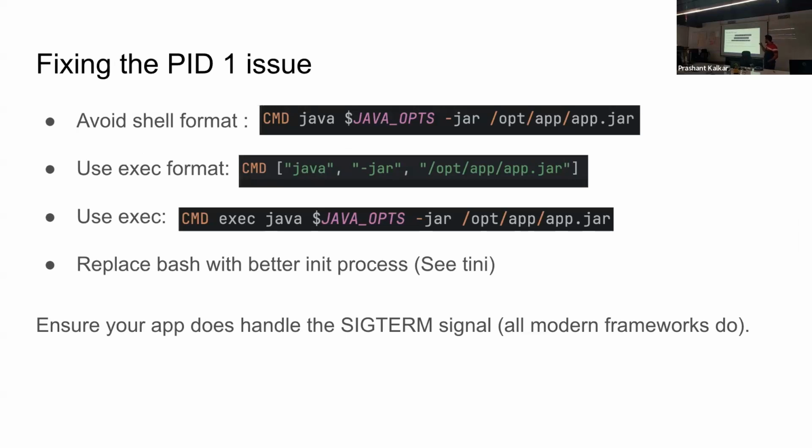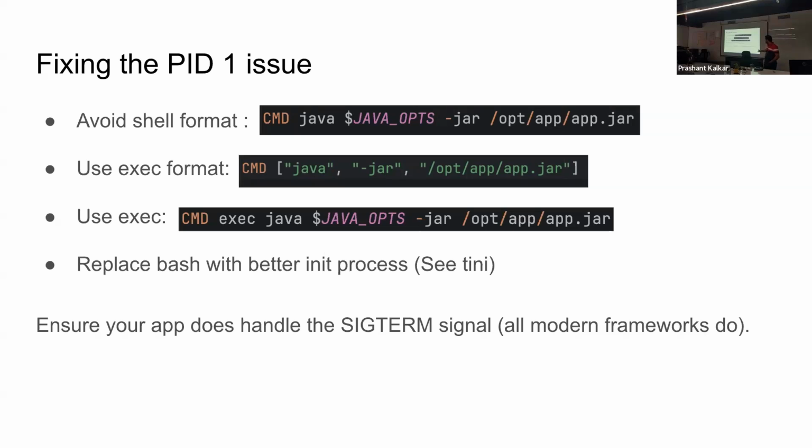So if you use this CMD in your Dockerfile, you can see that there are two separate formats. One is where I'm just writing it as a normal command, CMD and the command. In the second one, we are using an array kind of format to put in the command.